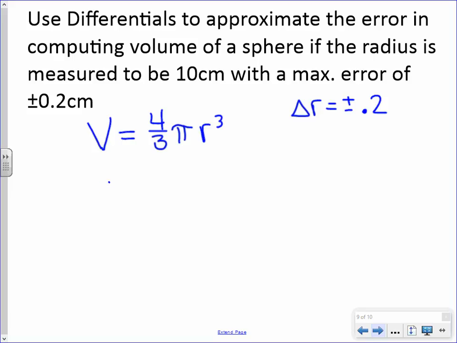So then what we can do is we can write dv, that's like our dy, equals, what is the derivative of 4/3 pi r cubed? 4 pi r squared. So we have dy equals our derivative times dx. But instead of y, we have v. Instead of x, we have r.